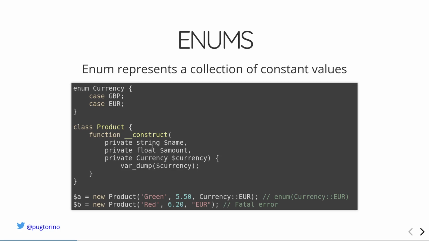That means if you specify the visibility, like private here, this will create an internal property in the class Product that is private, a string $name. So this is a short way to define a private property. You can just specify it in the constructor.